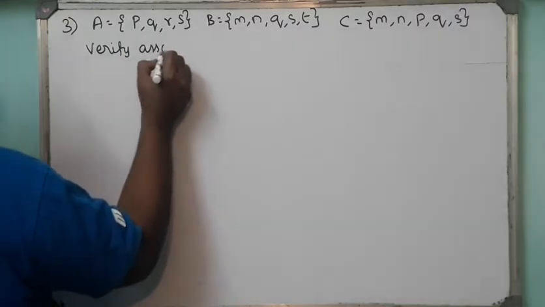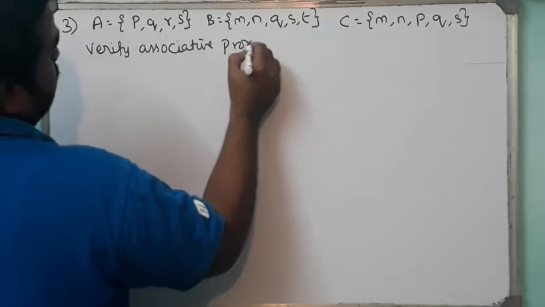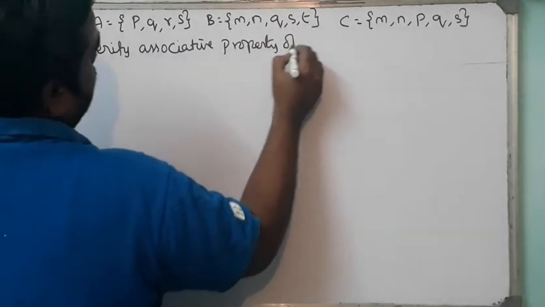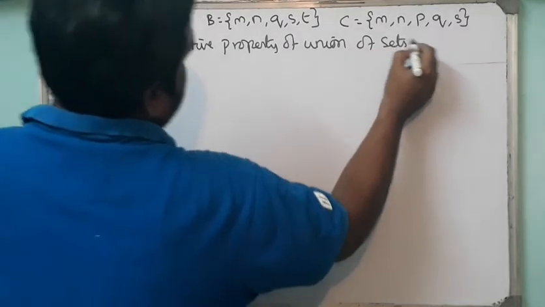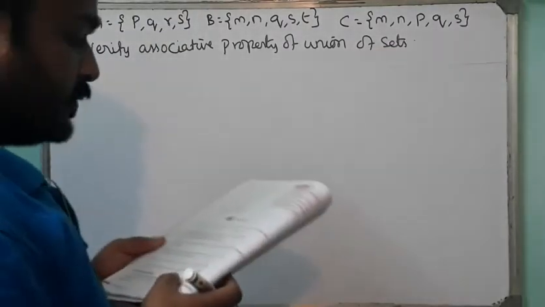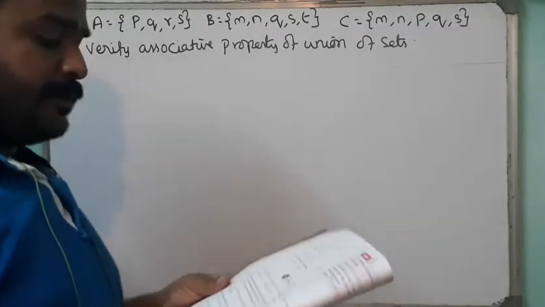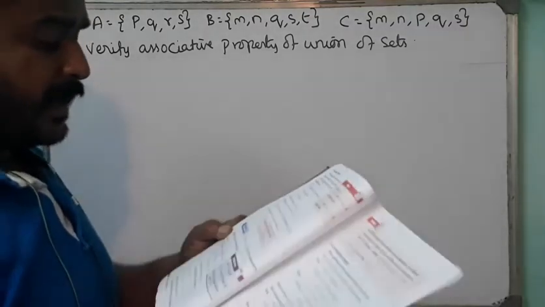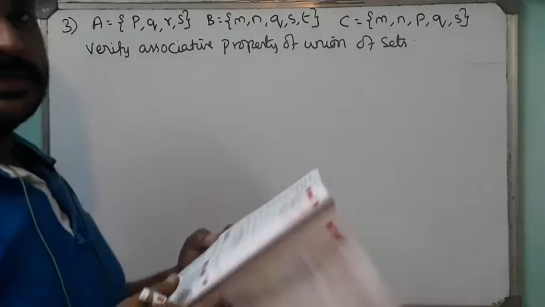Verify the associative property of union of sets. Here they have clearly given that we should apply the associative property, and that it is for union of sets. We have already studied the associative property. Just check it out on page number 21. You can see it on page number 21.